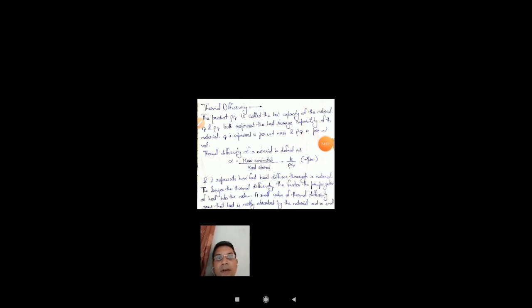Now the last definition in this topic is thermal diffusivity. As I cited previously, the word diffusion also occurred earlier. Here is its definition. The product of rho, the density, and specific heat is called the heat capacity of the material, and it represents the heat storage capability.